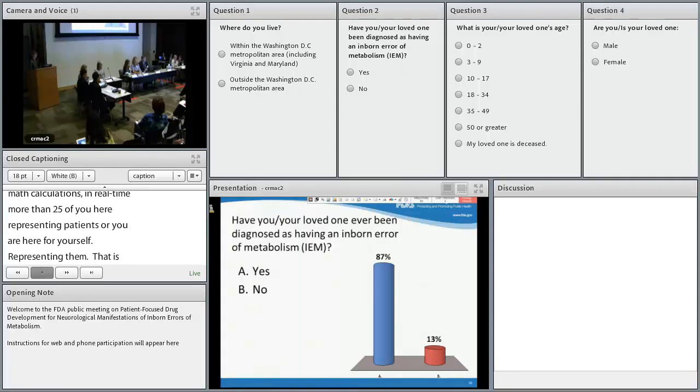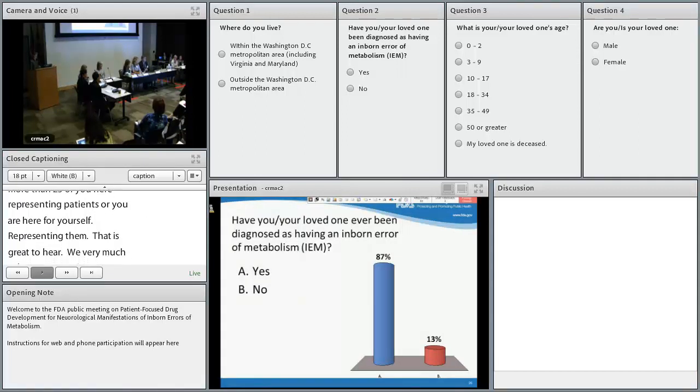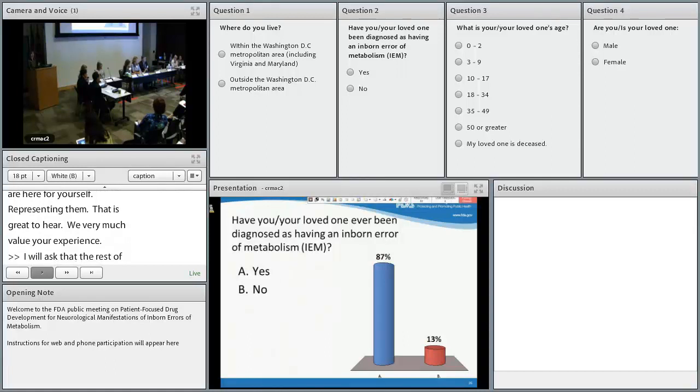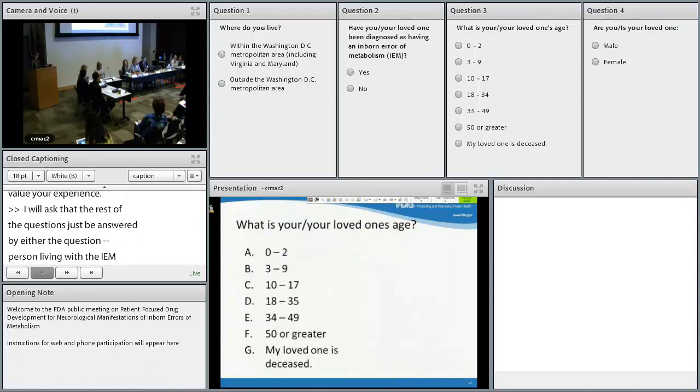That is great to hear. We very much value your experience. I'm going to ask that the rest of the questions just be answered by either the person who lives with the IEM themselves or one caretaker, just so that we don't over-represent any particular individuals.